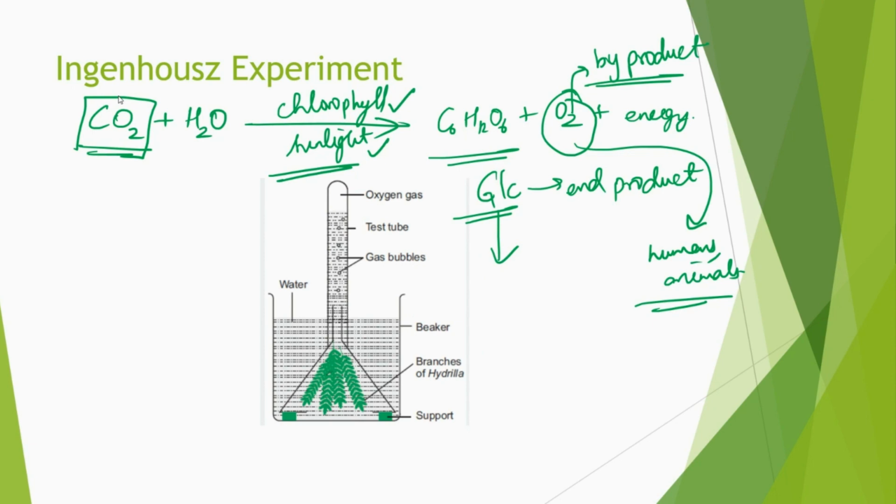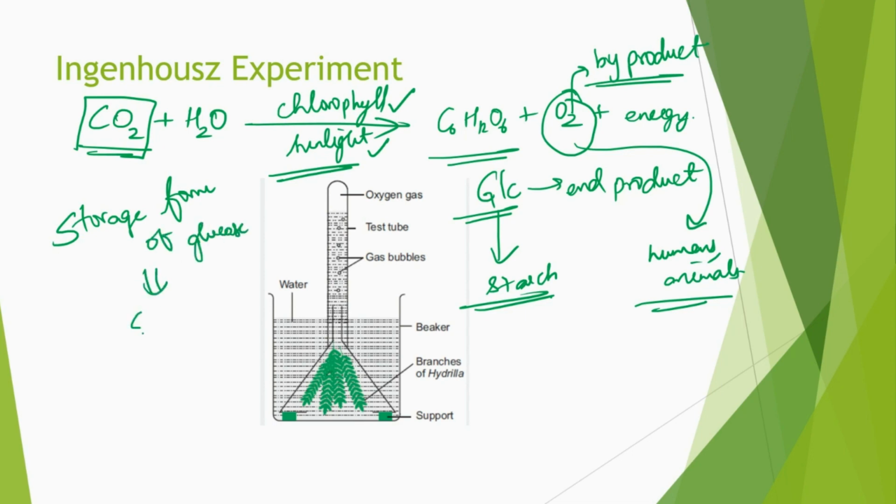So the process of photosynthesis continues to take place, and there will be glucose accumulation. So this excess glucose gets converted into starch. So what is the storage form of glucose in plants? The storage form of glucose in plants is starch, right?